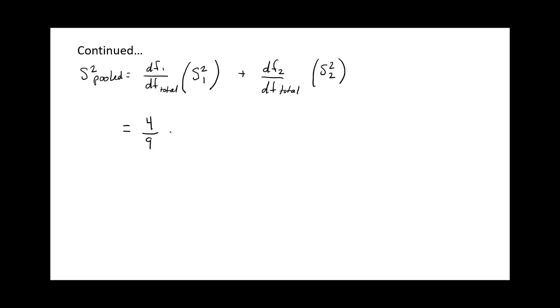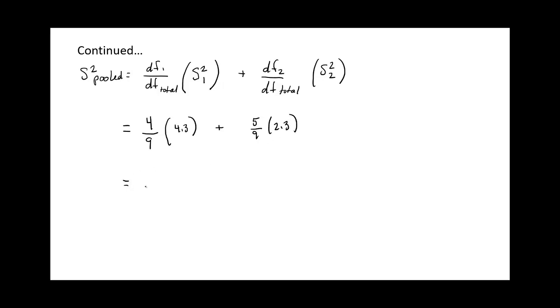That's the total degrees of freedom for the two groups. And we know that group number 1 had an estimated population variance that equaled 4.3. And for group 2, we had 6 people, so that means that the degrees of freedom is 5 divided by 9, because that's the total degrees of freedom, times the estimated population variance for group 2, which was 2.3.